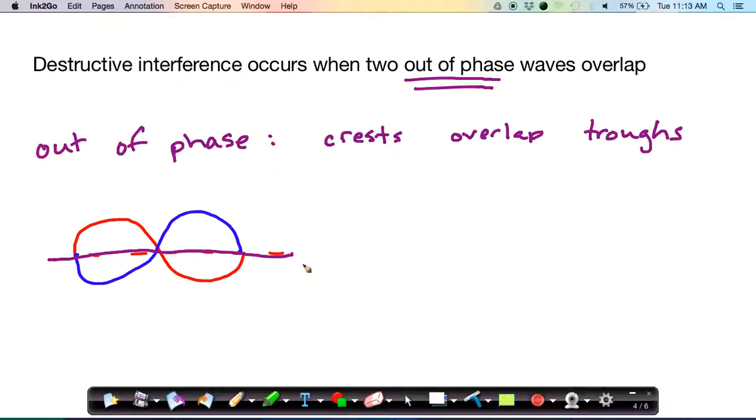The amplitude is going to be 0, which is really kind of cool. These wave effects are canceling each other out completely. So in terms of the principle of superposition for waves that are out of phase and are going to interfere destructively, the amplitude of the interference pattern is going to be the difference between the amplitudes of the individual waves.